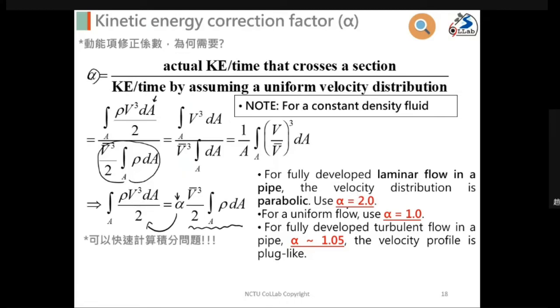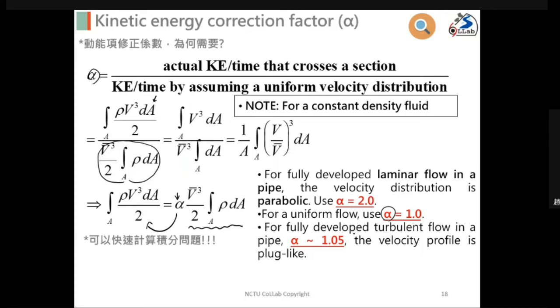So we already know that for laminar flow in a pipe, the alpha value usually is 2, because the velocity function is parabolic. If your velocity field is a uniform flow, then the alpha value is equal to 1.